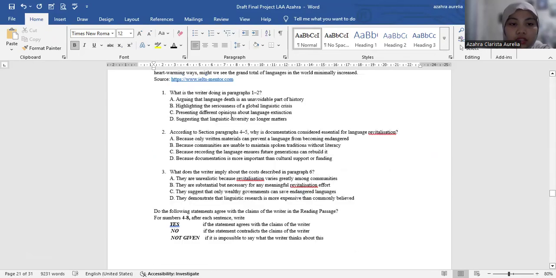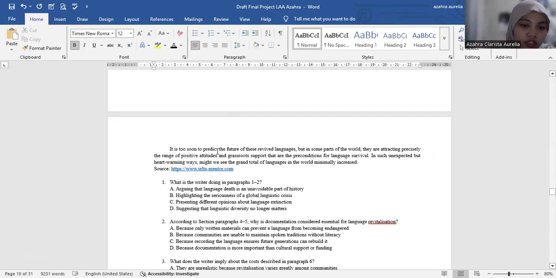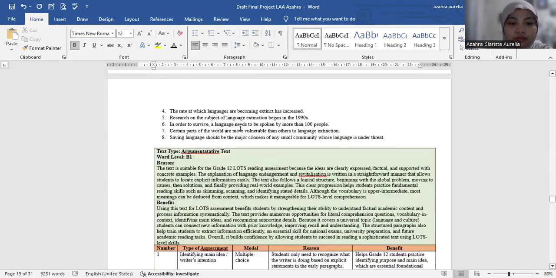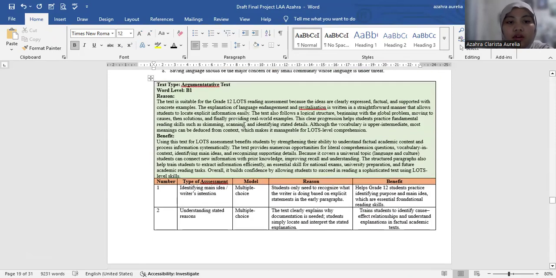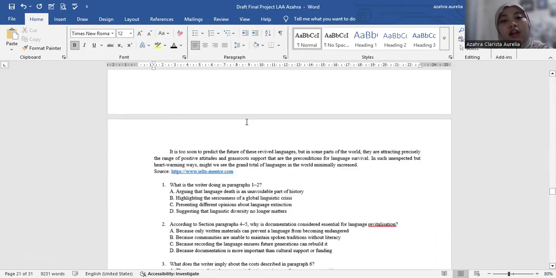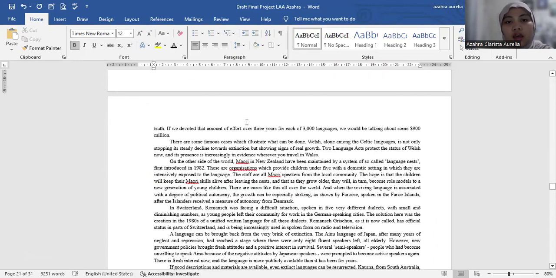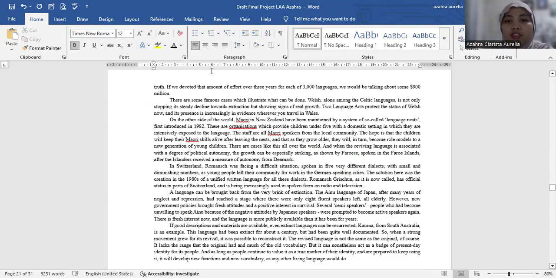I adopted the text from IELTSmentor.com. The reason why I chose this text is because the ideas are explicit and logically ordered, the problem, the causes, solutions, and examples.